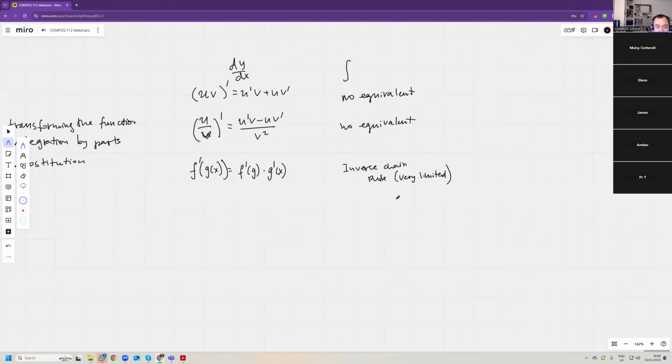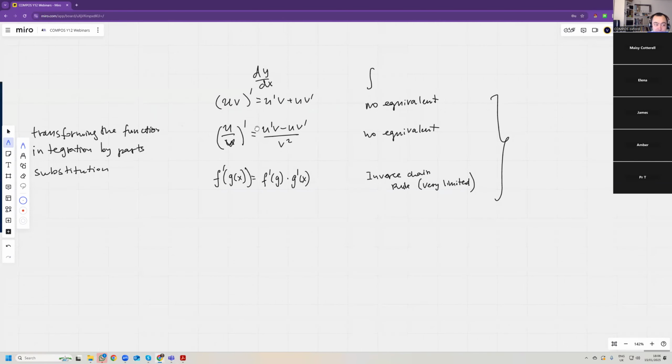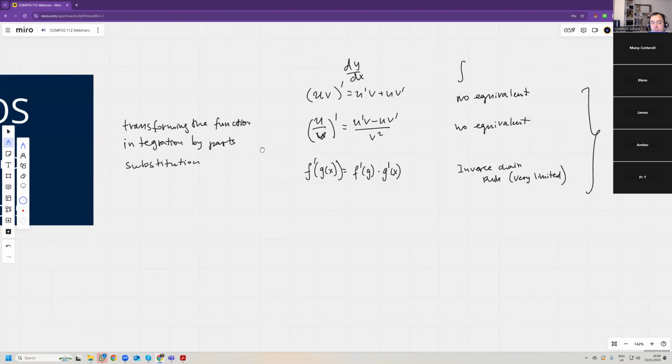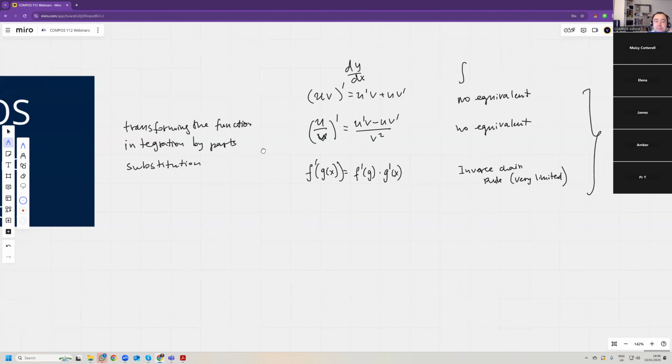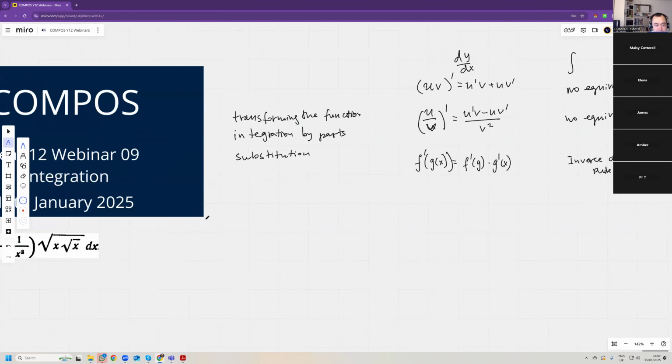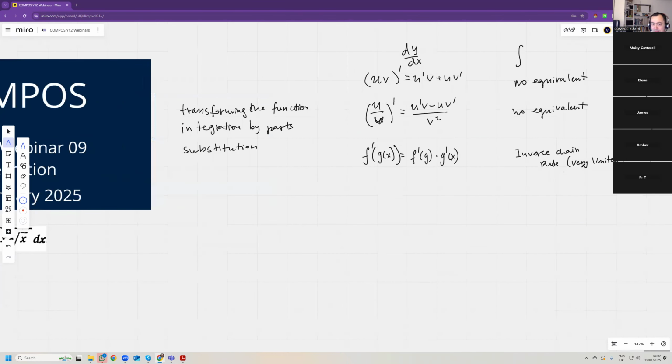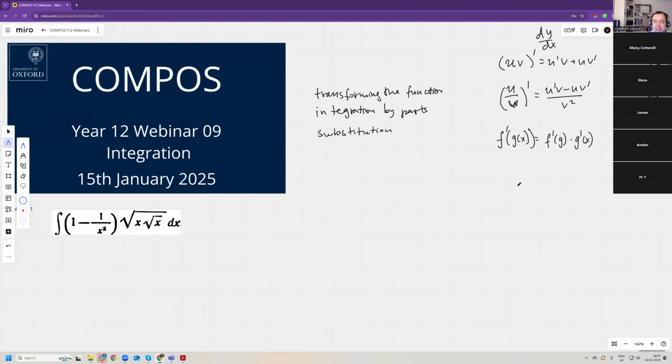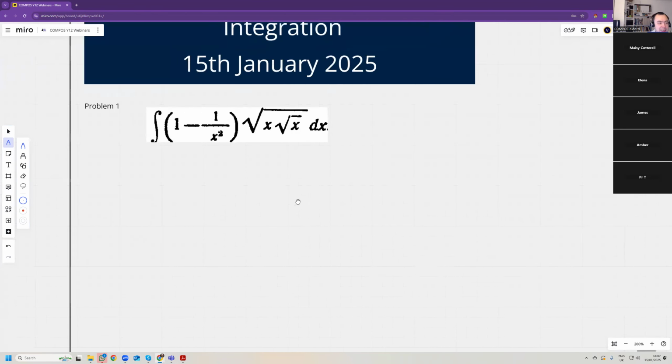So in most cases, to solve products, or when you divide two functions, you have to use either substitution, integration by parts, or transforming the functions. That's why integration is so difficult. There's no equivalent for these rules, and even when there is one, it's incredibly limited. Anyways, let's go with this one.